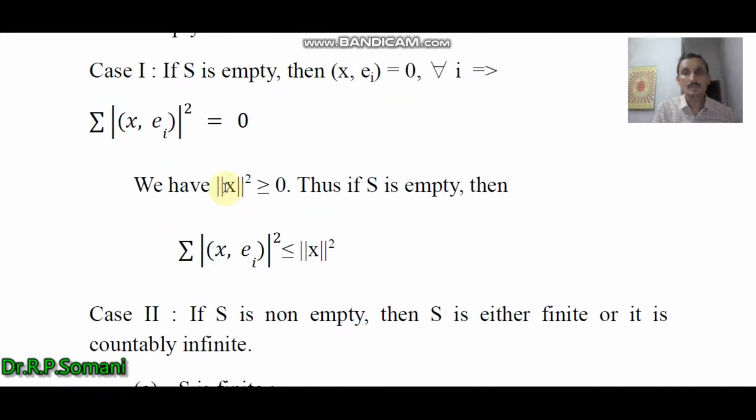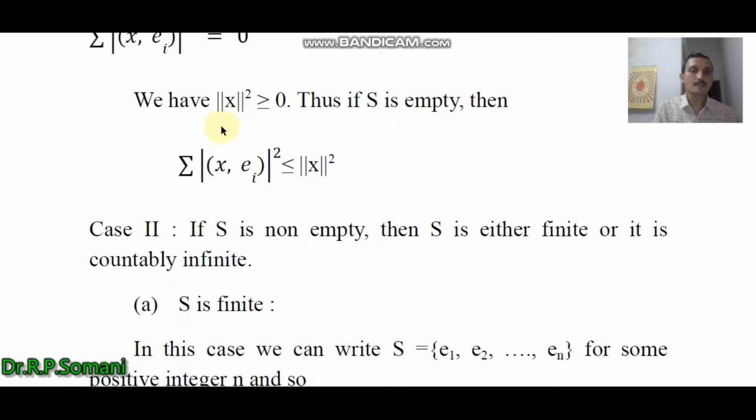As we know that the norm of x is always greater than or equal to 0, that is, ||x||² is greater than or equal to 0. Thus if S is empty, then the summation of |⟨x, ei⟩|² is less than or equal to ||x||².